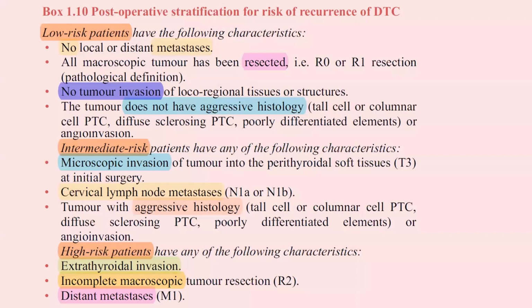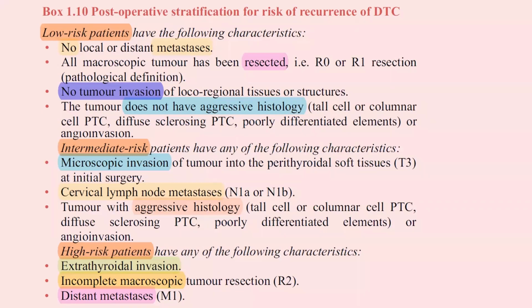The postoperative stratification of the risk of recurrence of differentiated thyroid cancer is very important, because according to the risk stratification, we decide whether our patient will receive radioactive iodine ablation or not. And also, the target of the TSH depends mainly on this risk stratification. For differentiated thyroid cancer, we should classify our patient as low risk, intermediate risk, or high risk.